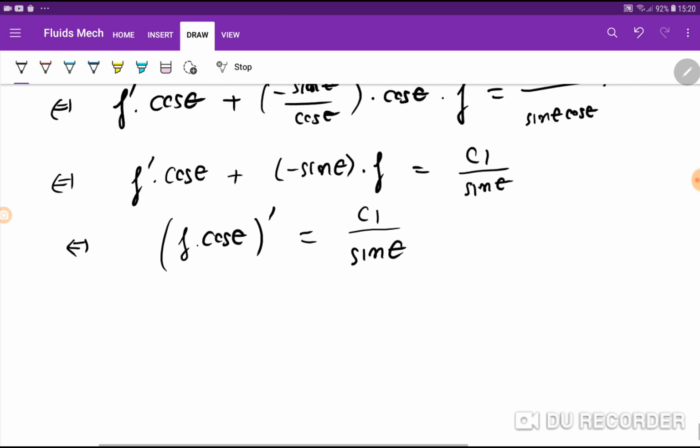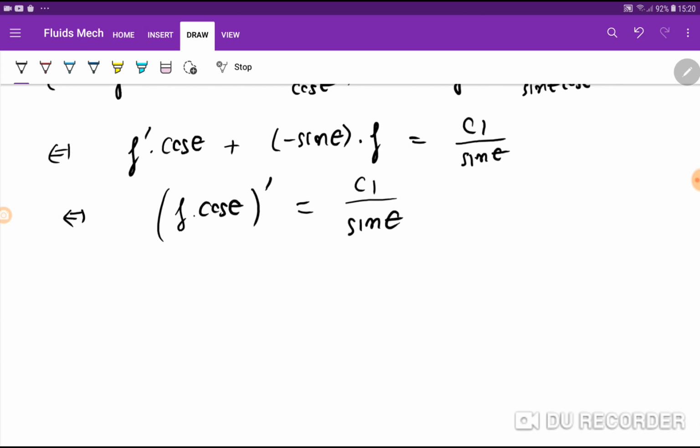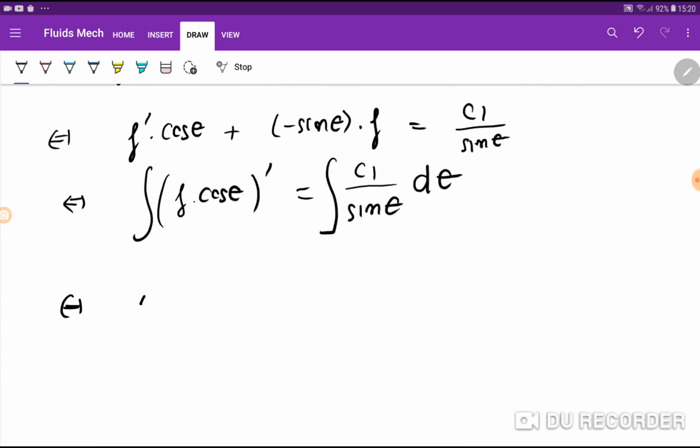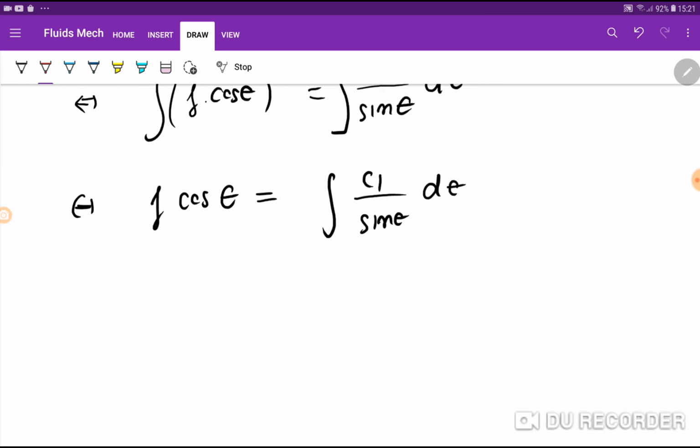Almost there, guys, I promise. Now you have to find C2, so you integrate both sides with respect to theta. So you have f times cos theta equal to this integral. Let me help you calculate it, call it I3.